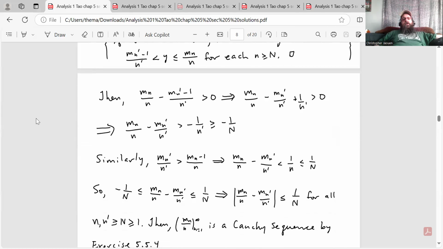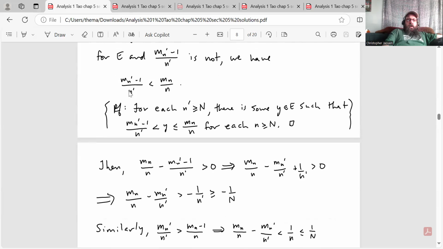Okay, then we have m sub n over n minus m sub n prime minus 1 over n prime greater than 0, right? That's because of this inequality that we have up here.